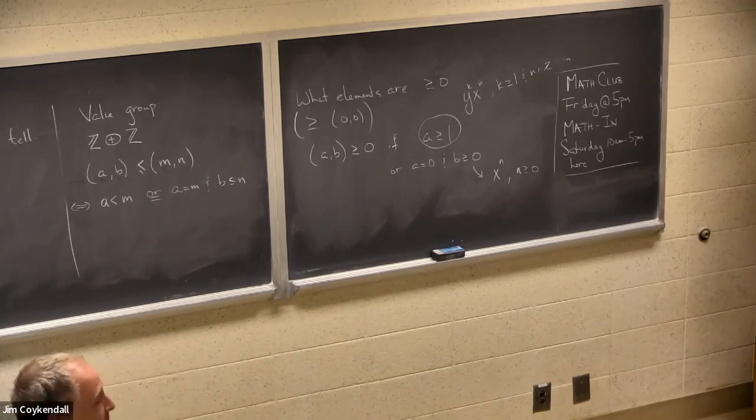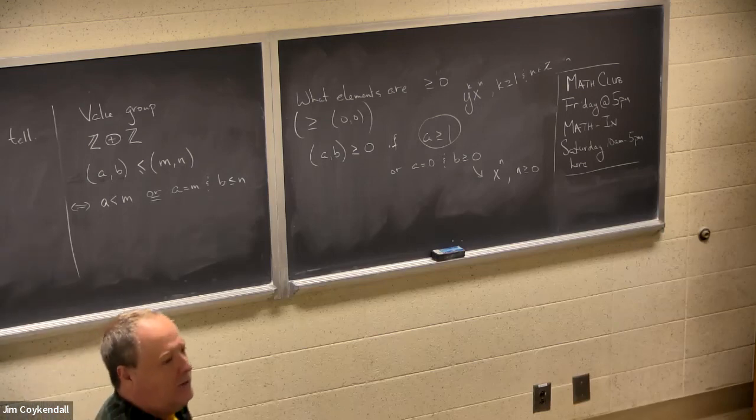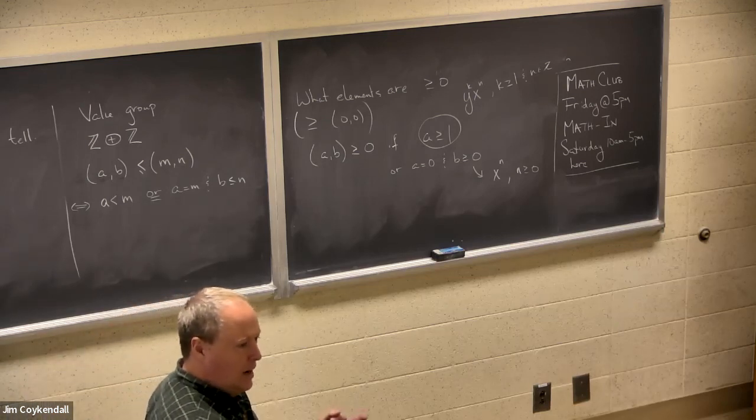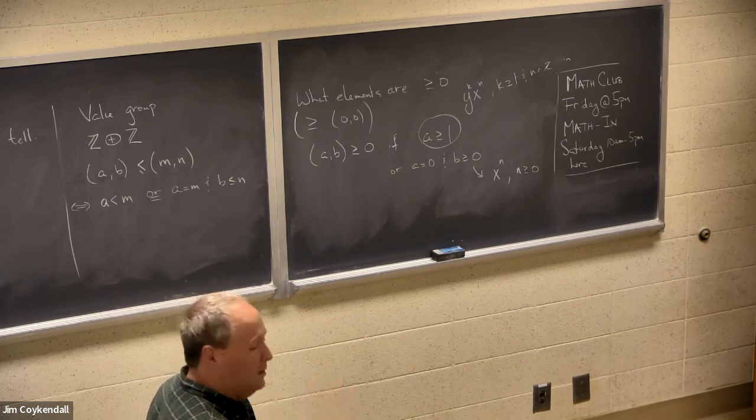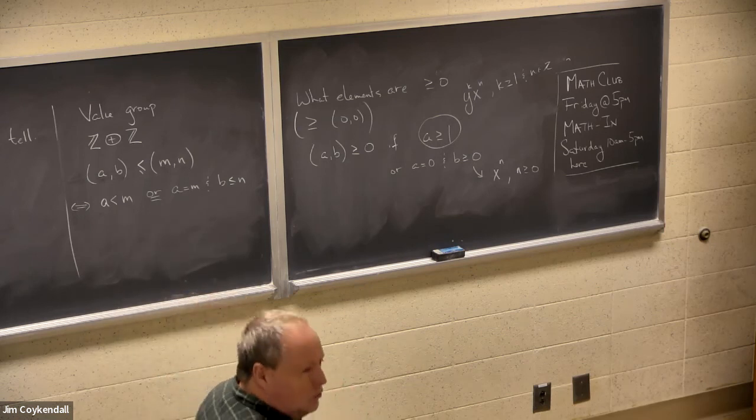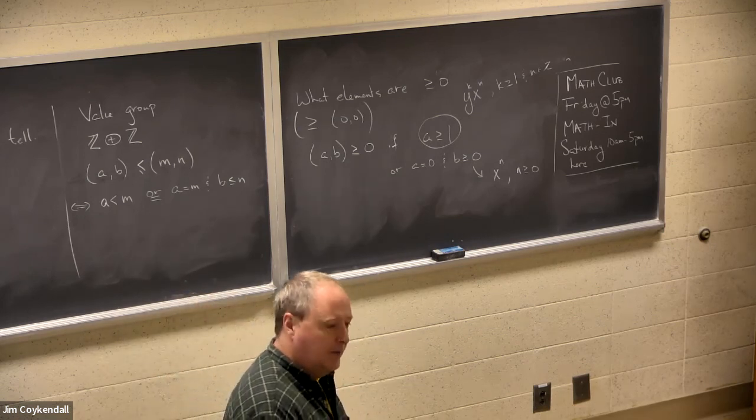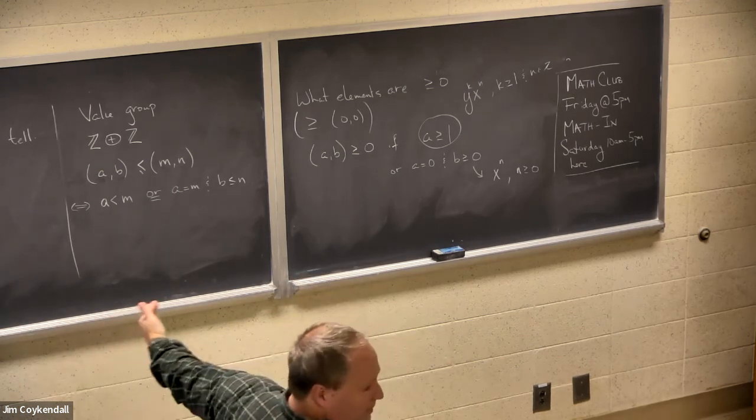By the way, you can do the library order on any number of copies of Z, can't you? Right? You can have 3 copies or 4 copies or however many you want. You can use that totally ordered group to build a valuation domain that's bigger than this one.